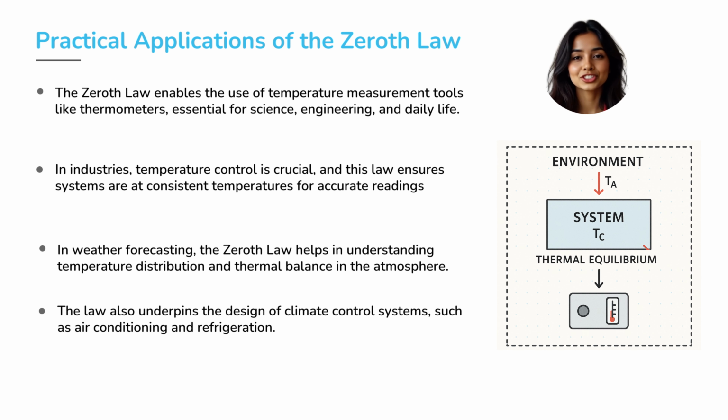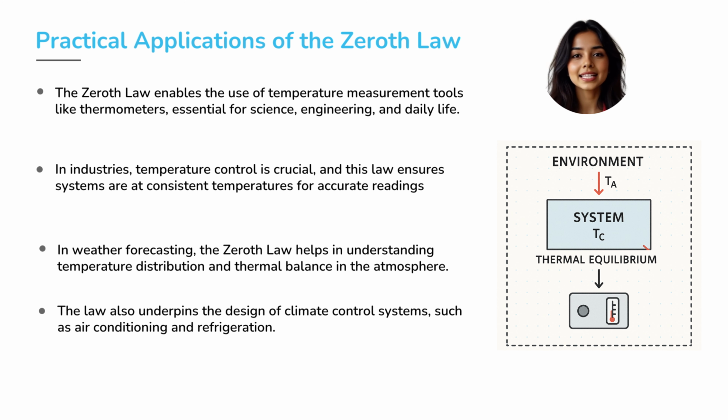So, why does this all matter in the real world? Well, the Zeroth law is behind some of the coolest technologies we use every day. For instance, think about your refrigerator. It works by maintaining a constant temperature, and to do that, it has to make sure the cold air inside is in thermal equilibrium with the food you store.